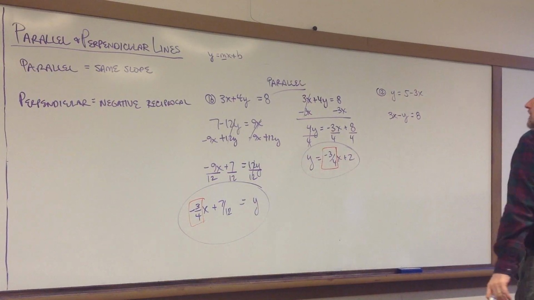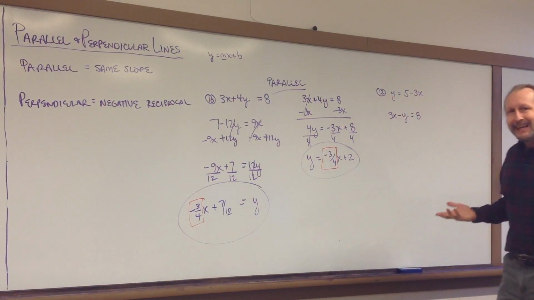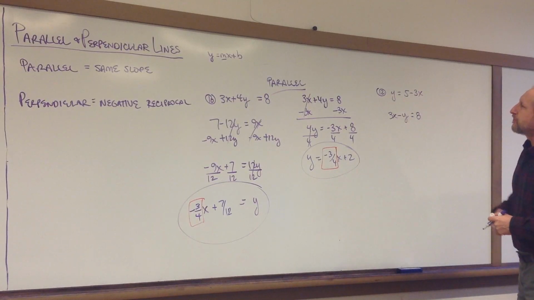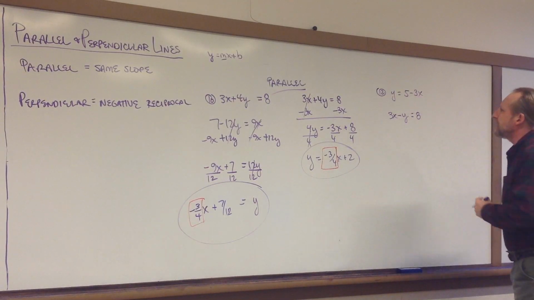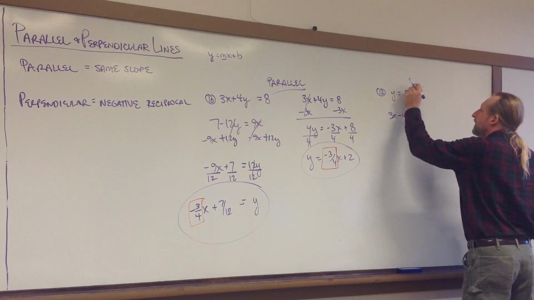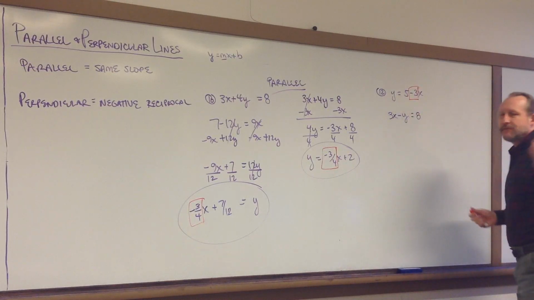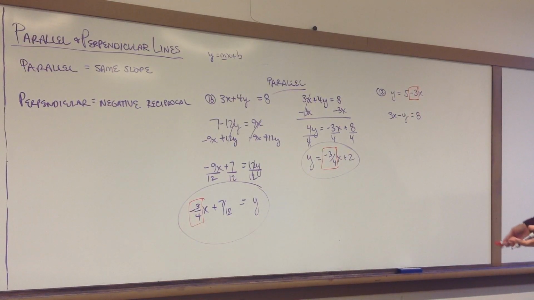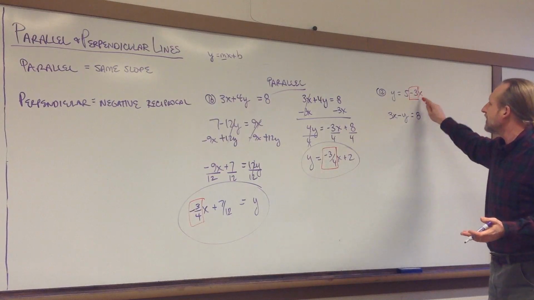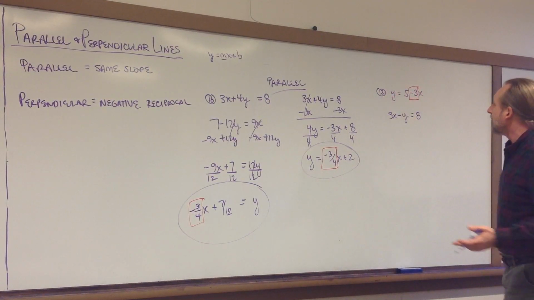Okay, well, so this y is by itself, but don't get fooled because this is not mx plus b form, but you can still pick out the slope, okay? It's just in b plus mx form, all right? Don't think that the slope is 5 just because it comes first. The slope is always the coefficient of the x when you get the y by itself.